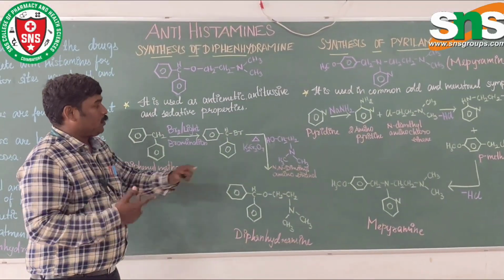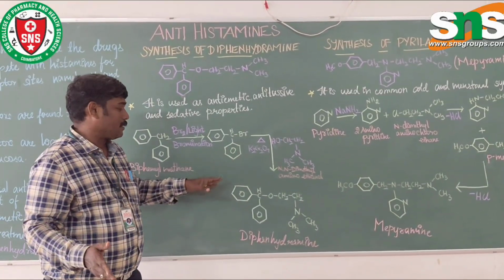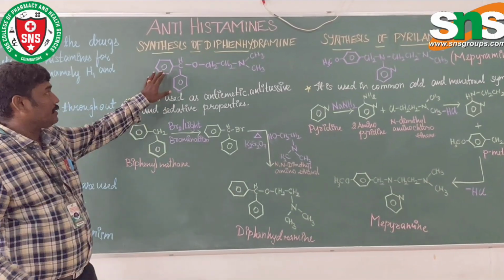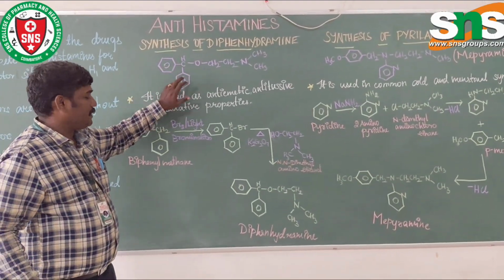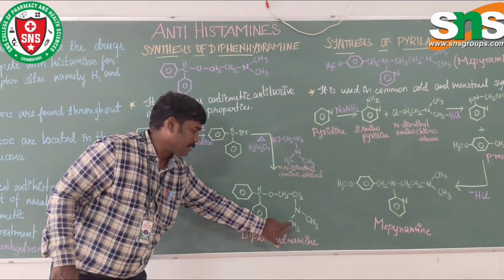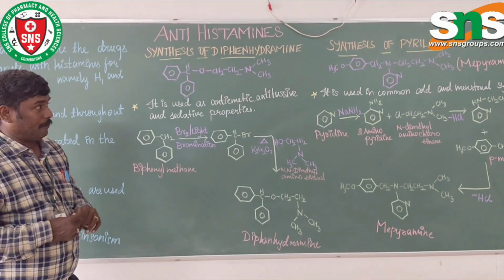What will happen? One hydrogen will take the bromine, which will be eliminated as hydrogen bromide. The remaining product will be formed: C6H5CHC6H5OCH2CH2NCH3CH3. So diphenhydramine will be formed.